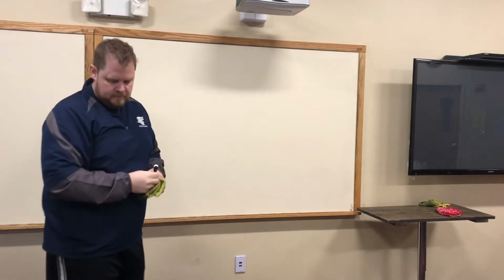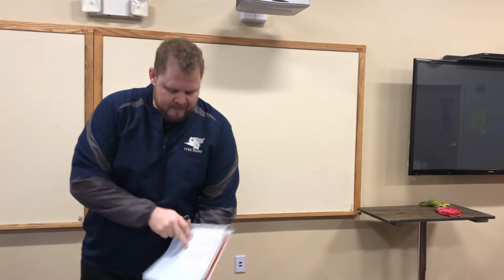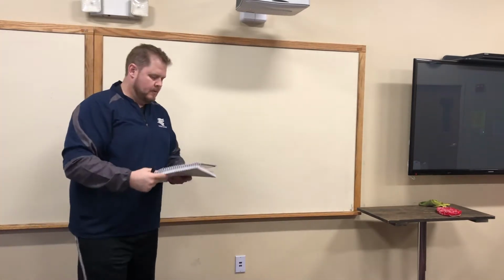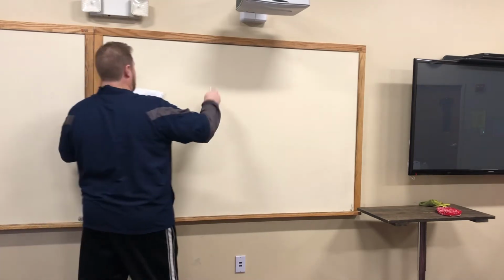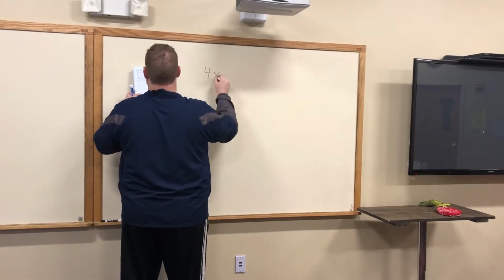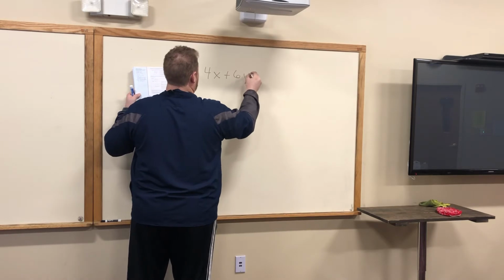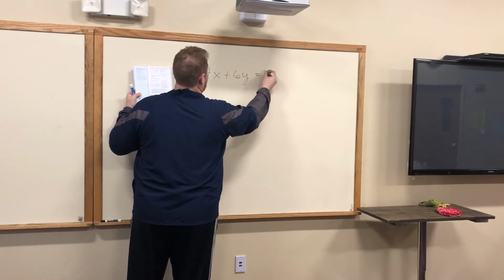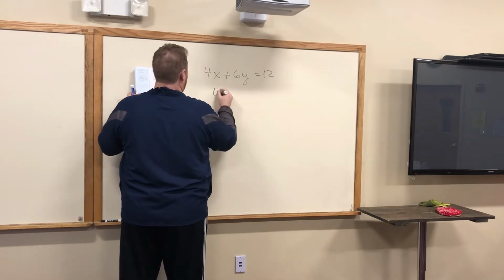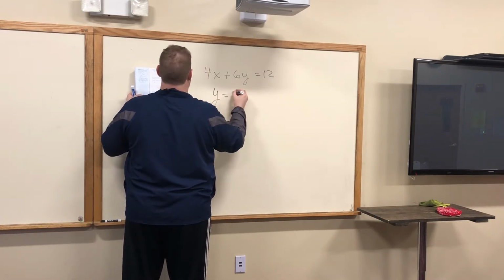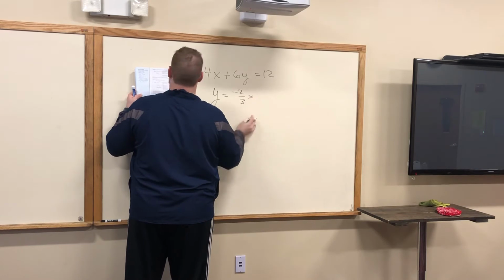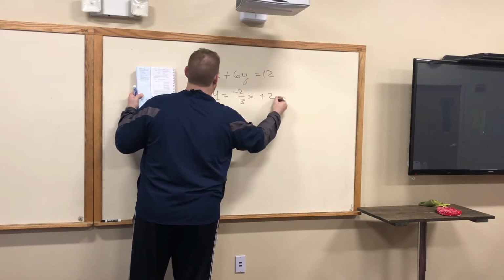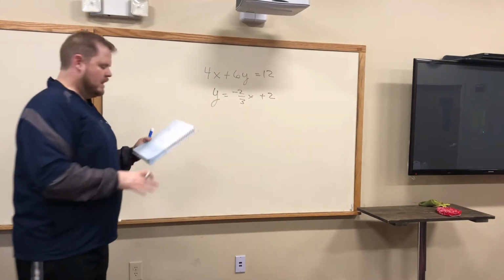All right, so I know I'm going fast. Does anybody have any specific questions? All right, so let's do another one here. They give you an equation, 4x plus 6y equals 12. Can't draw a y. Don't make fun of me in class about that. Y equals negative 2/3 x plus 2. So they set it up already for you.